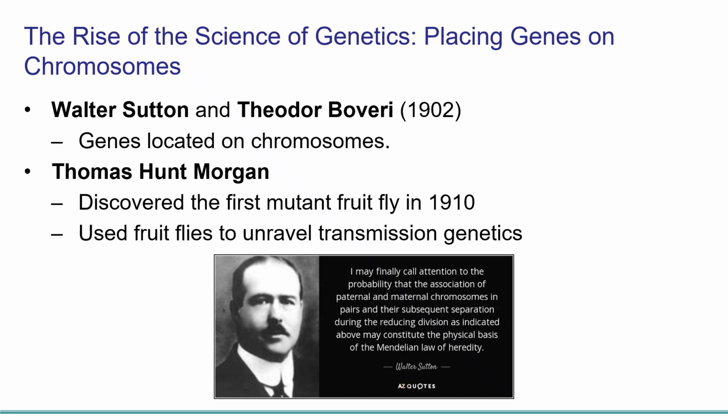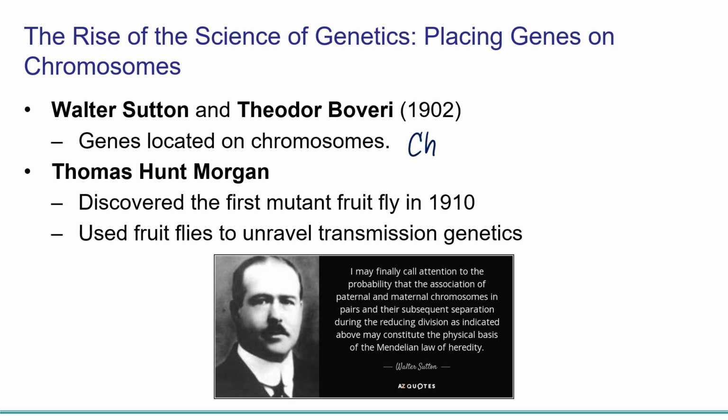In the early 1900s, we get a couple of really important bits of information. I think I might have written the wrong date for Thomas Hunt Morgan, sorry, it's a little bit earlier. In the early 1900s, we have Walter Sutton and Theodore Boveri working on chromosomes, and they both identified genes as being located on chromosomes.